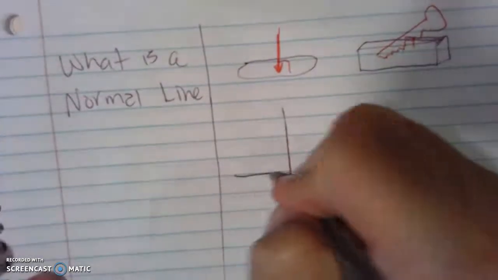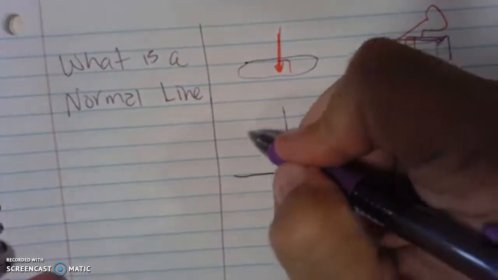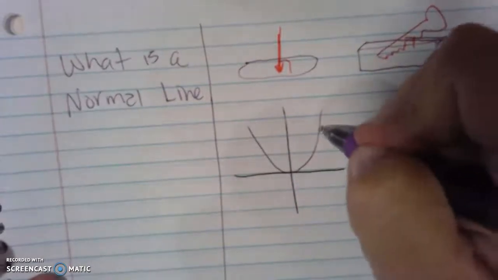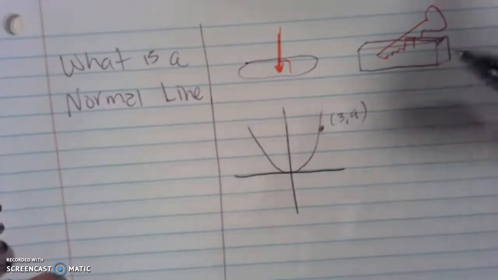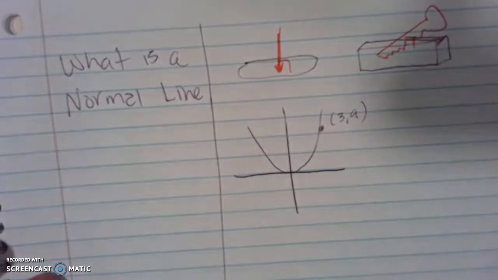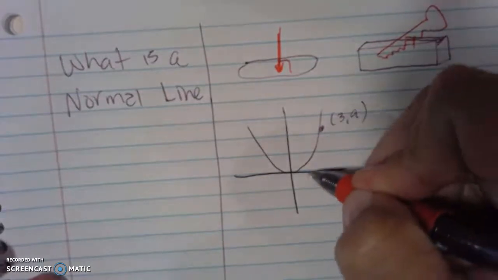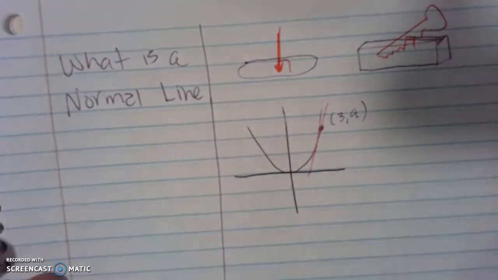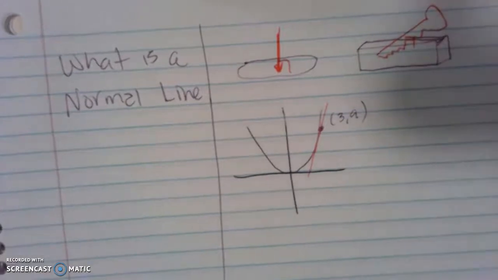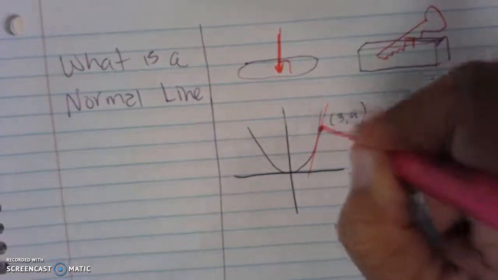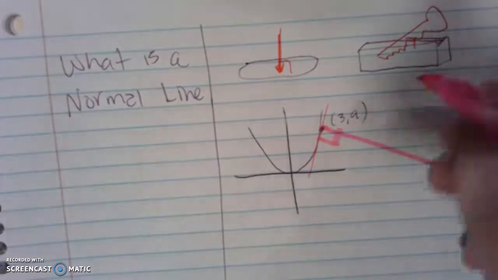In a picture, if I go to that same problem and say this is (3, 9), this was the tangent line, but the normal line is the line that's going to hit it at 90 degrees. This is going to be the normal line. It's going to hit it at 90 degrees.